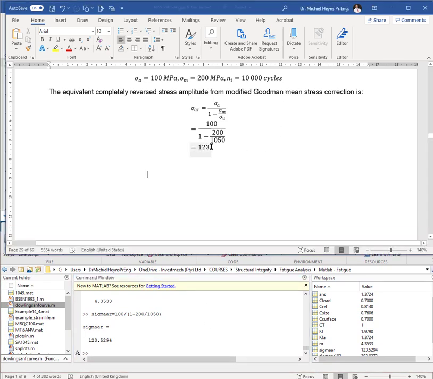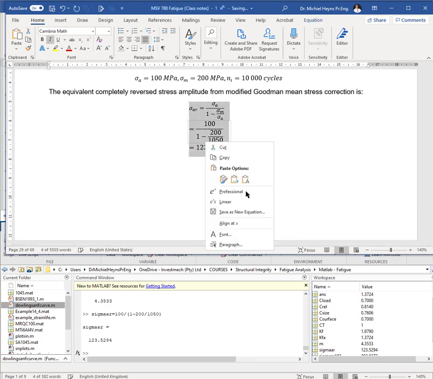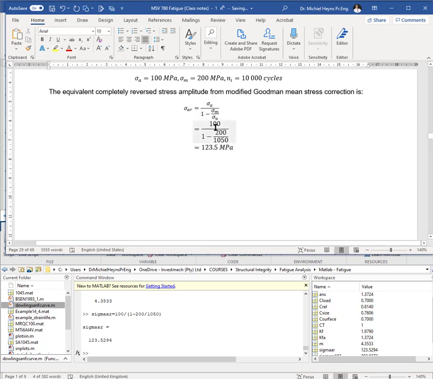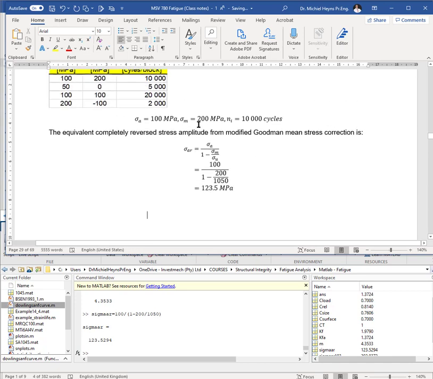So this is 123.5 MPa, right? That's a completely reversed stress amplitude. Because we had a tensile mean stress, we expect the amplitude to increase from 100 to a larger value, right? So I'm going to say here, Goodman mean stress correction.